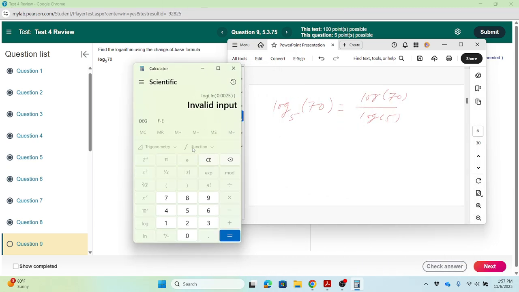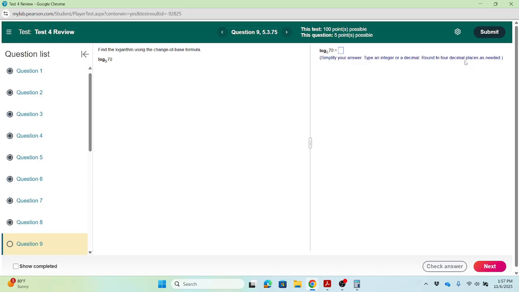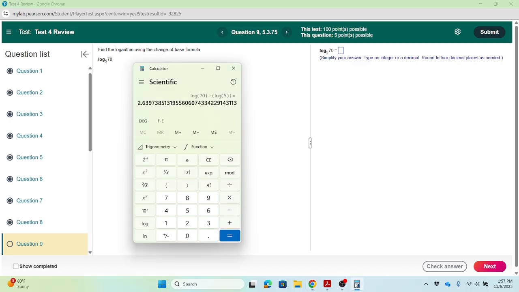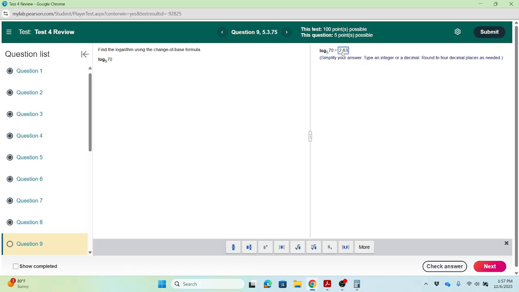Type log 70, so you need to put 70 first, then divide by parenthesis, don't forget to use the parenthesis, and then type log 5, parenthesis close. That is actually 2.6397, rounded to 4 decimal places.